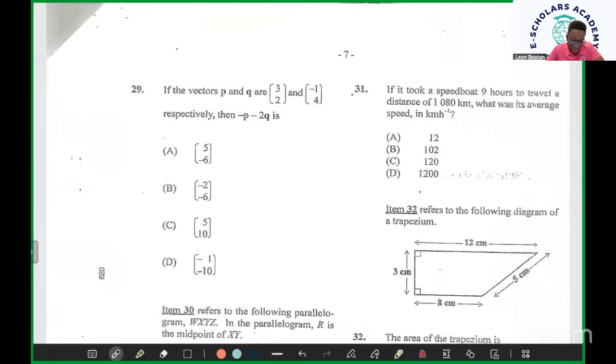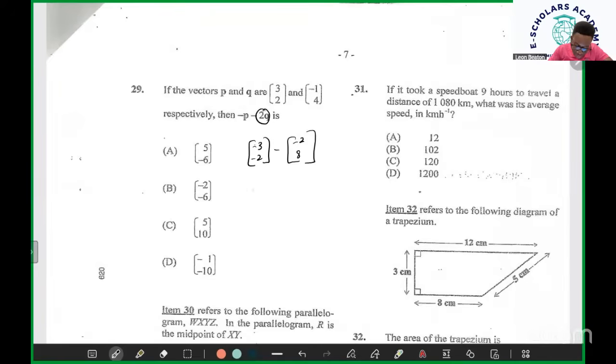If the vectors P and Q are (3, 2) and (negative 1, 4), then you want negative P minus 2Q. So let's find negative P. This is P, so negative P would simply be (negative 3, negative 2). Subtract, and let's find 2Q. We'll leave the negative for now. So 2Q will be 2 times everything here, so this will be (negative 2, 8).